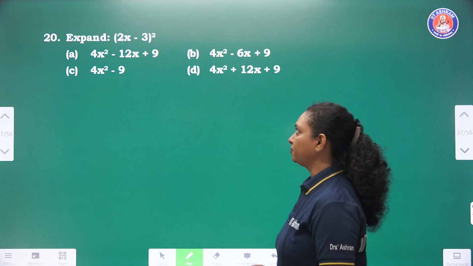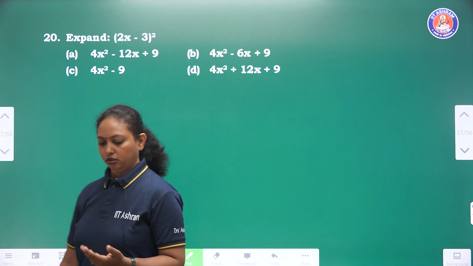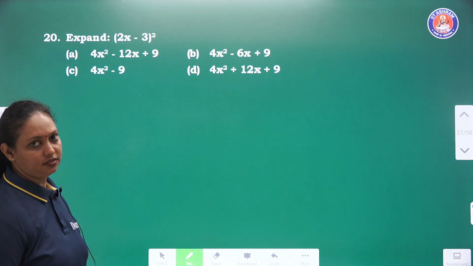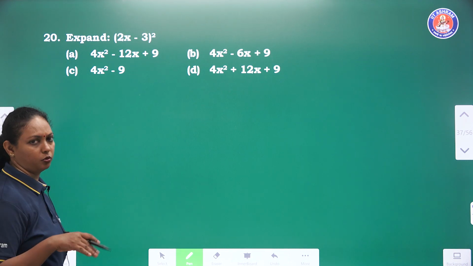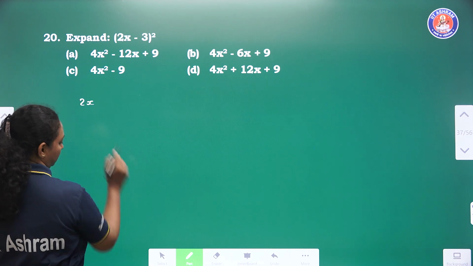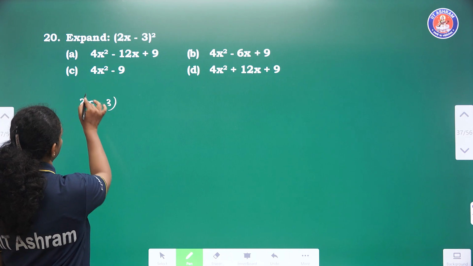Expand 2x minus 3 whole square. If you know the identity, very good, but if you do not, then we will go with simple multiplication. We will learn both ways.